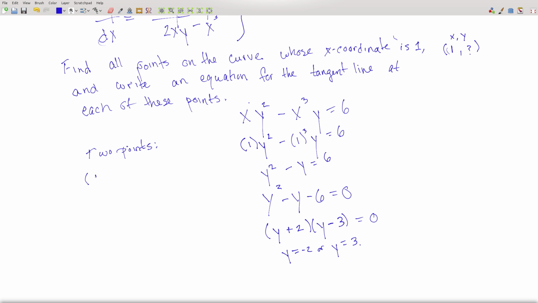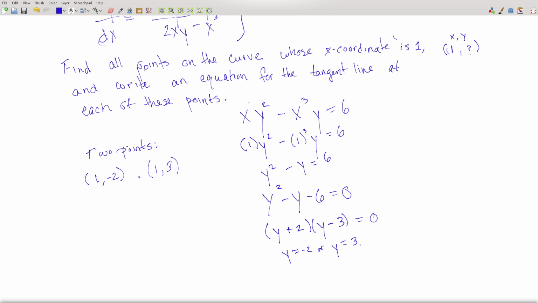The first point is x is 1 and y is negative 2. And the other is where x is 1 and y is 3. So those are the 2 points, and now we have to do the next part.